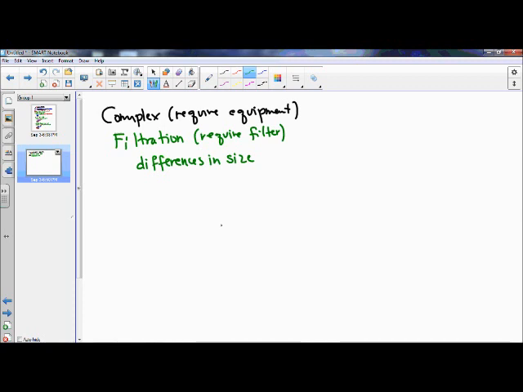And so this is a very special note. Filtration does not work to separate dissolved substances from the solvent.